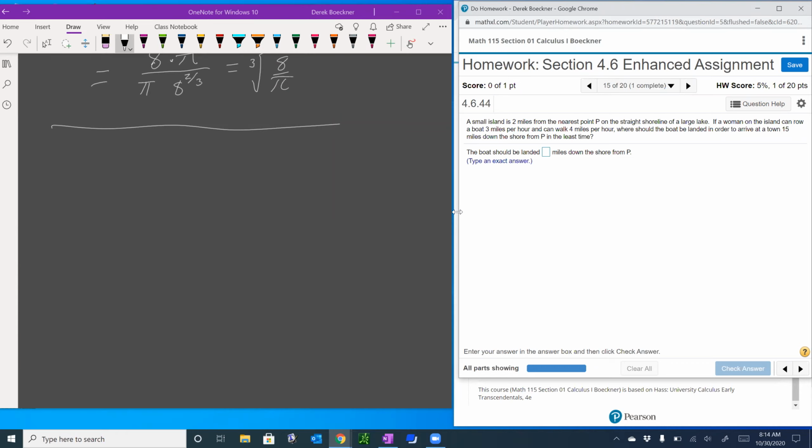A small island, 2 miles from the nearest point P on a shore, which is straight. So here's the shore. It's straight. We've got an island over here. This is 2 miles.